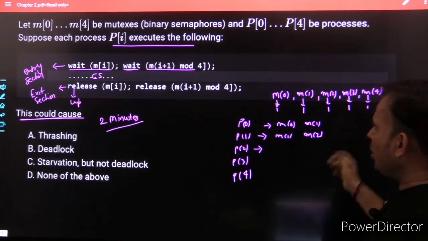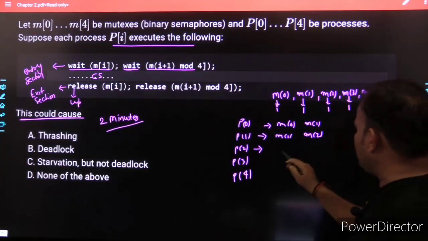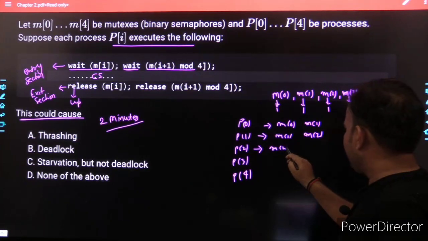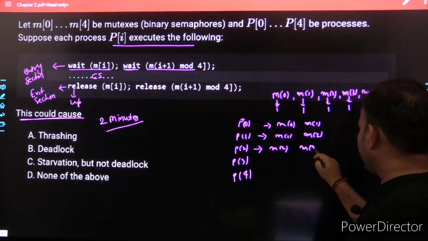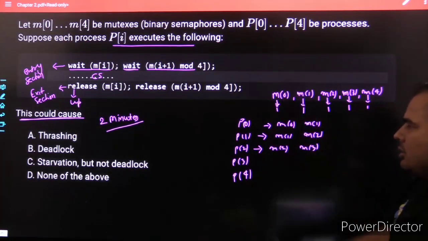M2 and M3. Suppose P3 executes this code.